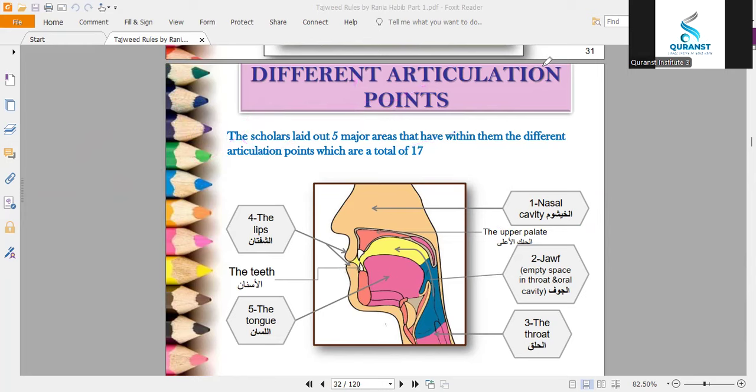For example, this word, an. I will close my nose to hear the sound of al-ghunna during making noon with shadda. And I will count the time of al-ghunna with two fingers. I will open two fingers.